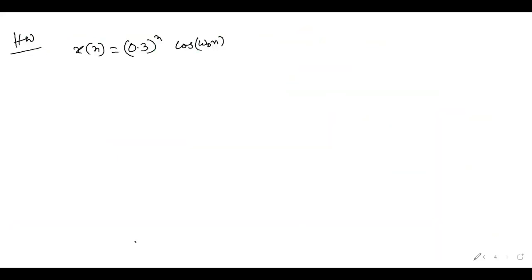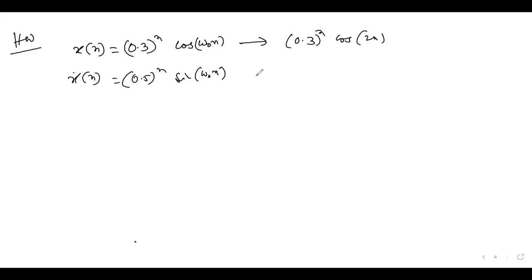And another homework: xn equal to 0.5 to the power n sin omega 0 n. Or omega 0 may be given to you, so that is 0.3 to the power n cos 2n, or sin 4n, or 3n, it can be like this in the exam.